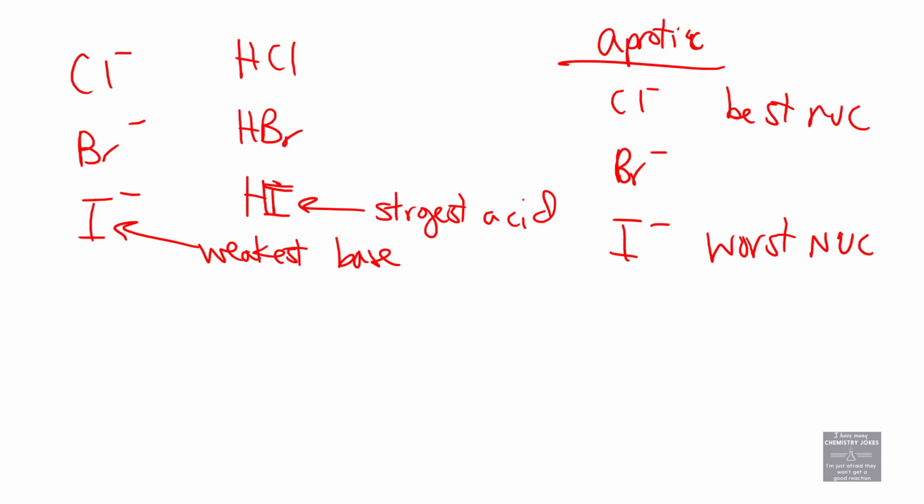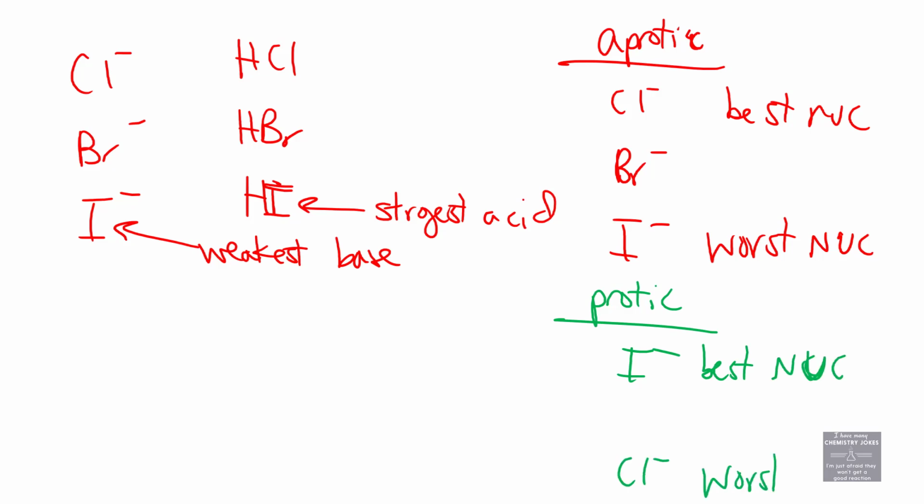In protic solvents, the trend is reversed. In protic solvents, I minus is the best, and Cl minus is the worst, and Br minus is in the middle regardless.